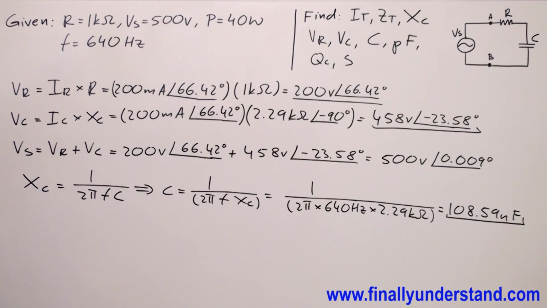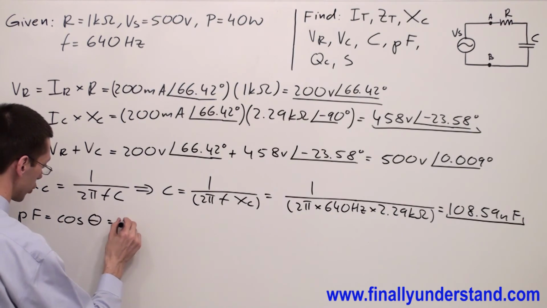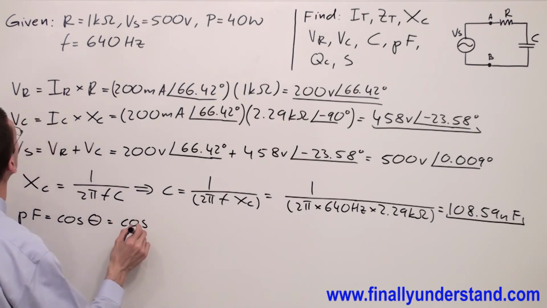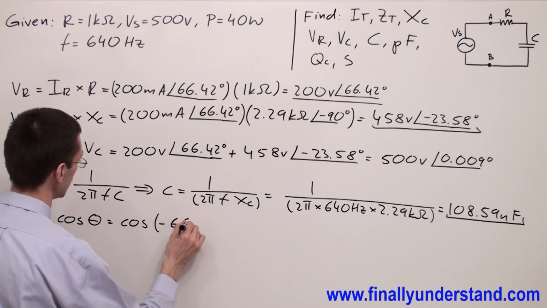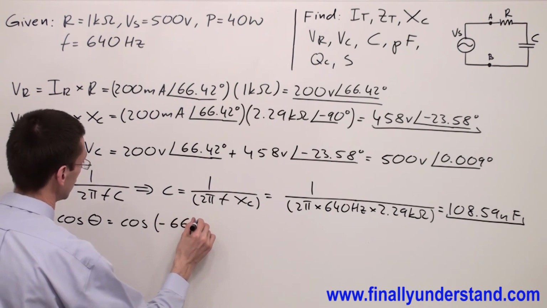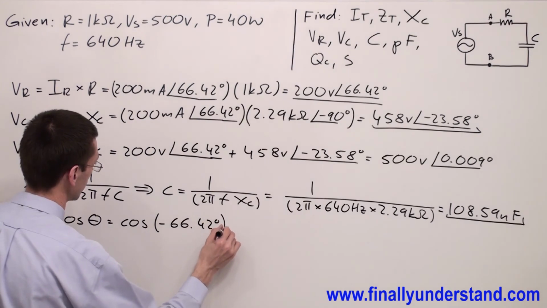Next, I'm supposed to find the power factor. Power factor is equal to cosine theta. So I have cosine of angle negative 66.42 degrees.